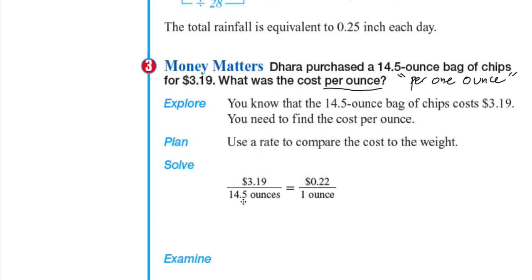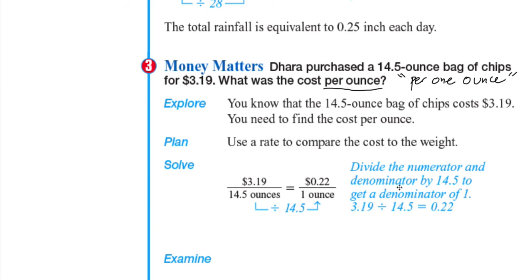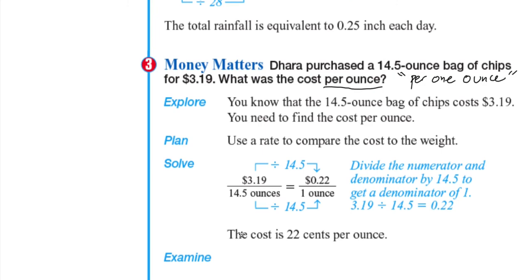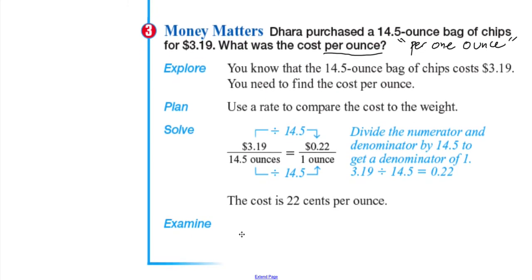So to make 14.5 into 1, we divide by 14.5. That means divide the numerator and denominator by 14.5 to get a denominator of 1. Then 3.19 divided by 14.5 will give you 0.22. So the cost is 22 cents per ounce. And if you want to check your answer, 0.22 times 14.5 is equal to 3.19. So the answer is correct.